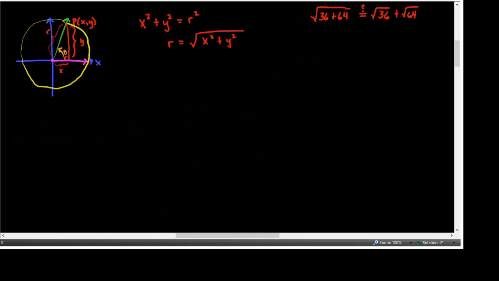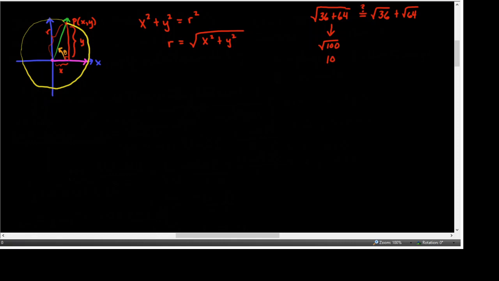And when you have a thought like that, instead of just assuming it's true, what I do a lot of times is come over to the side and pick some numbers, hopefully nice numbers, and see if it's true or not. And if I find that for my example numbers it is false, then that means you can't say it's always true. So if we do this problem the way it's supposed to be done, we'll do the addition first. 36 plus 64 is 100, and the square root of 100 is 10.